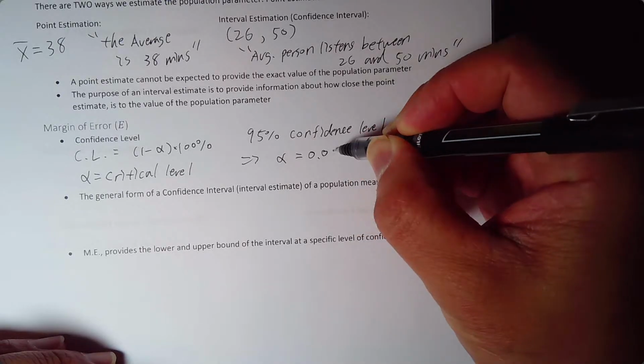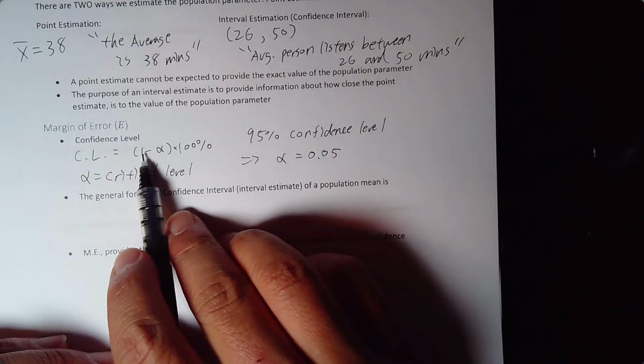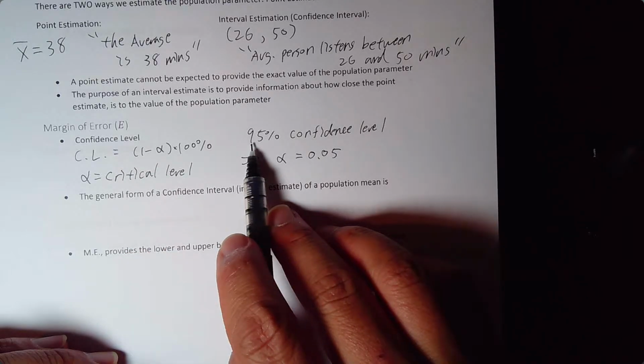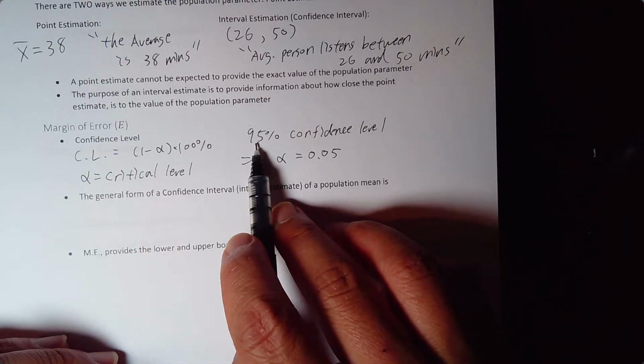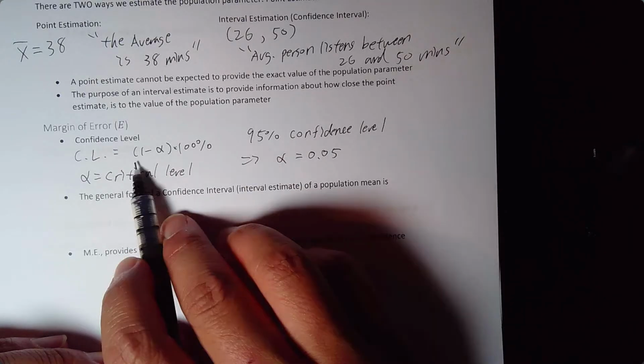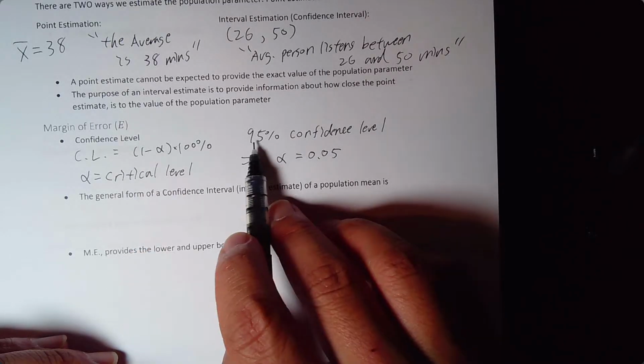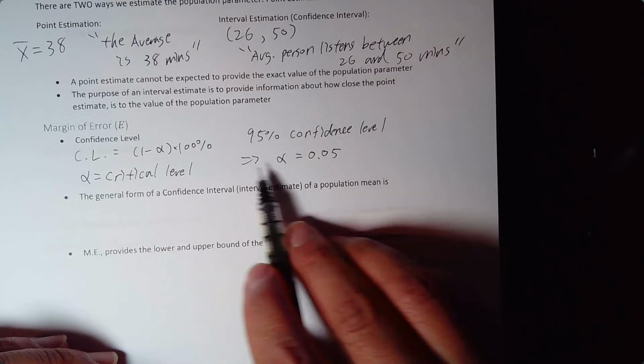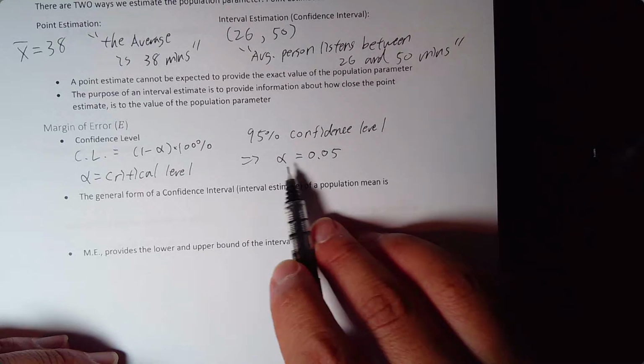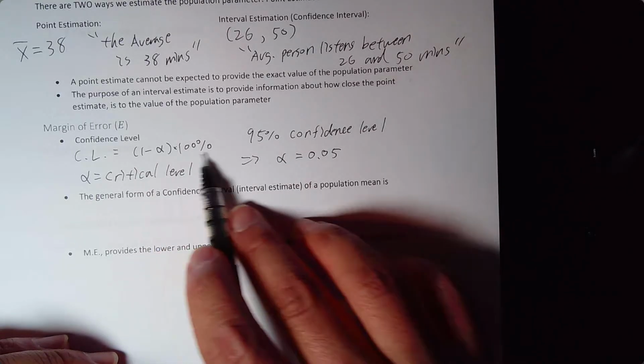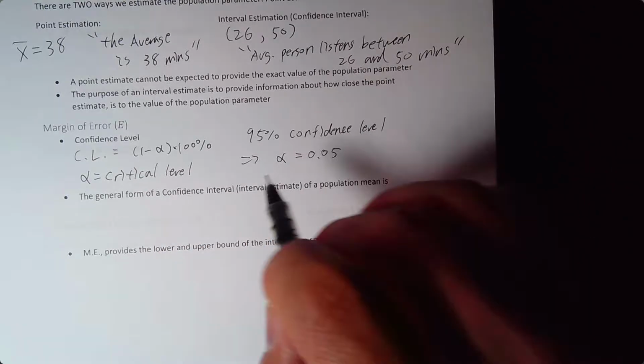Because 95% is the equivalent of 0.95, and how do you get 0.95? Well, you take 1 minus alpha of 0.05, you get 0.95, and thus you get a 95% confidence level.